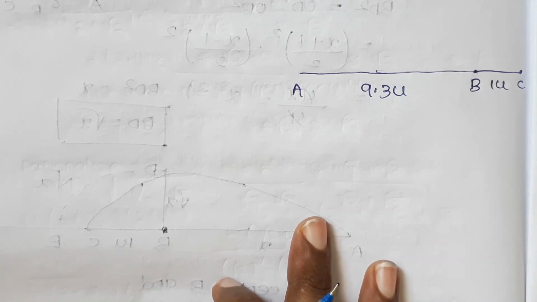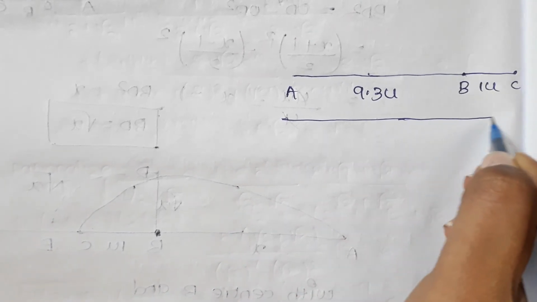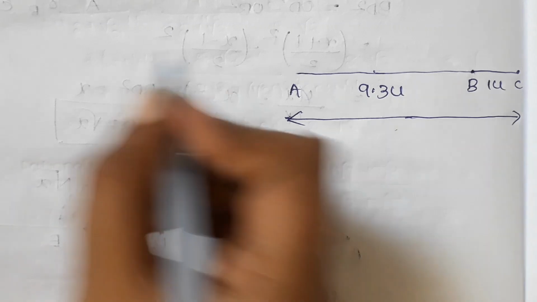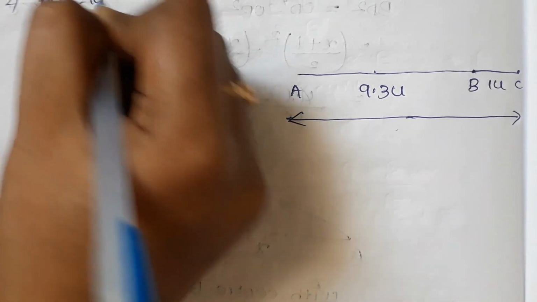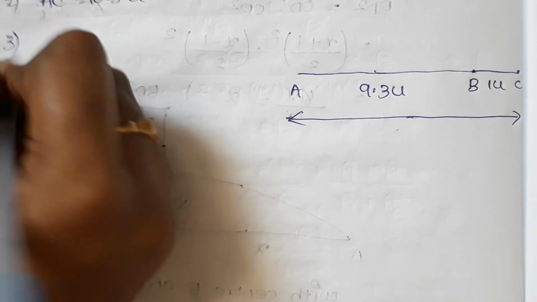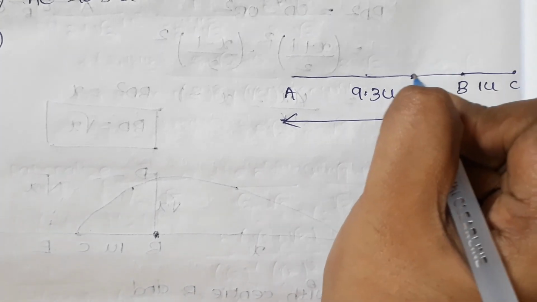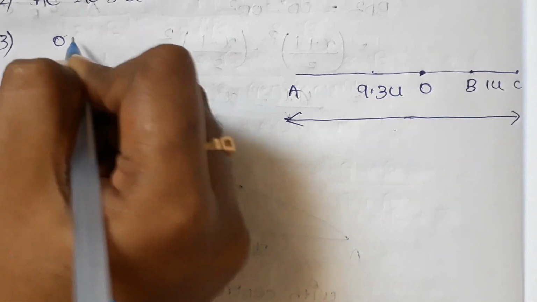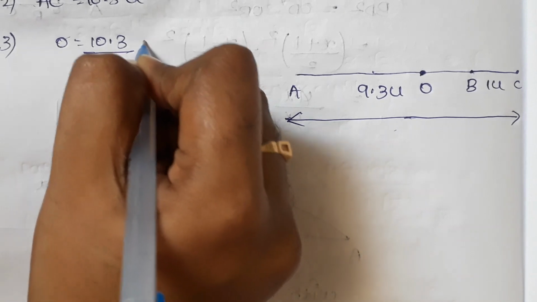Here the line segment AC is 10.3 units, and now the third step: the midpoint of AC is denoted with O, that is O equals 10.3/2 units.